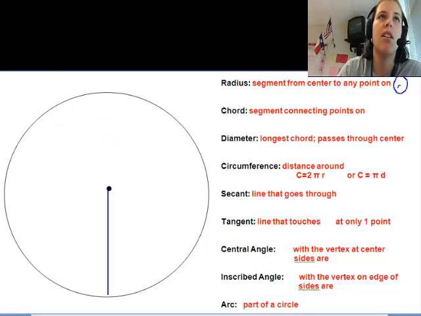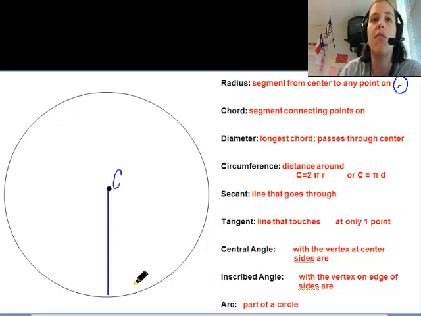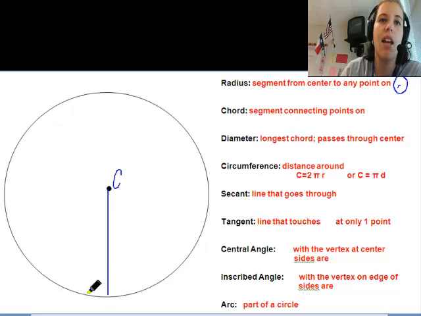We'll call this center point C, and that's also how circles are named. So this will be circle C. We name them by their center. And this point right here, we'll call it A. So in this case, we're saying that AC is a radius. Okay, so we're going to write off here to the side of this, my example of a radius is AC.